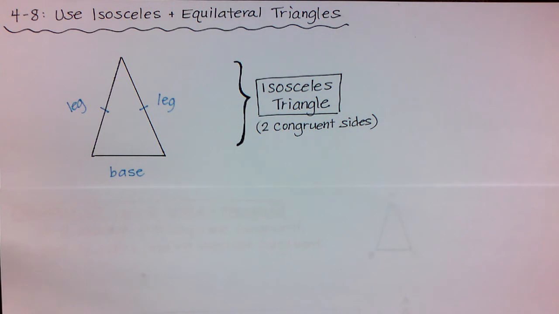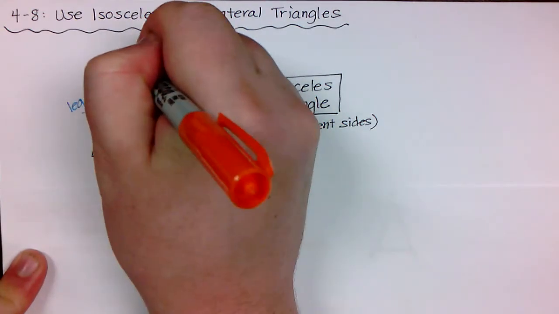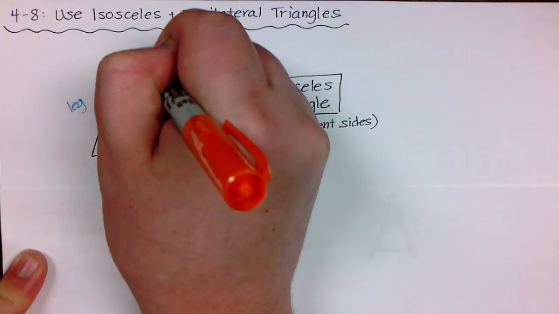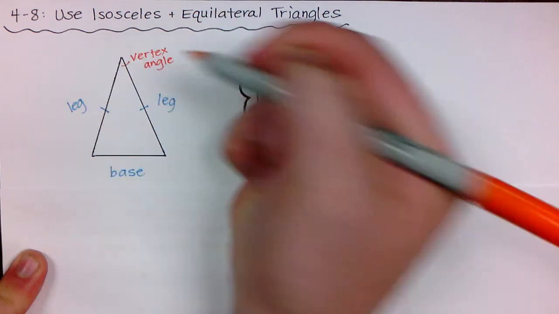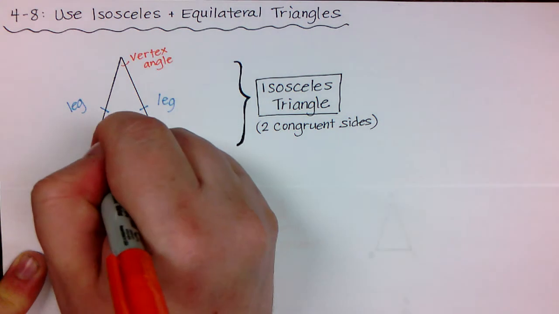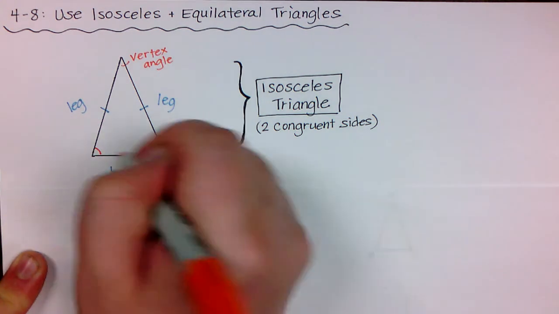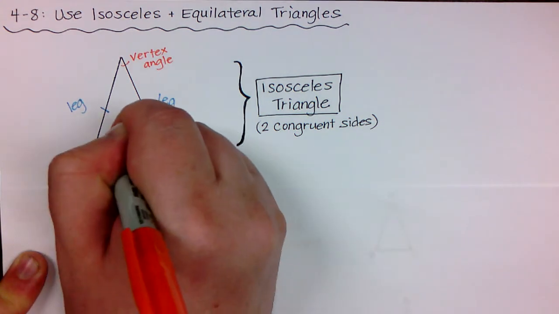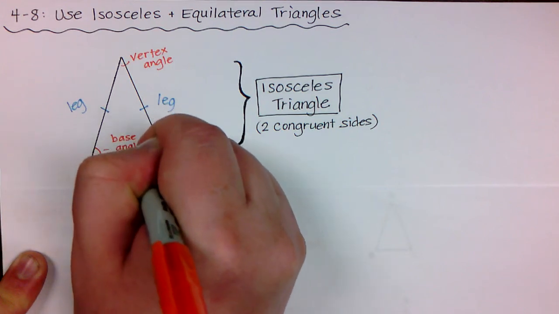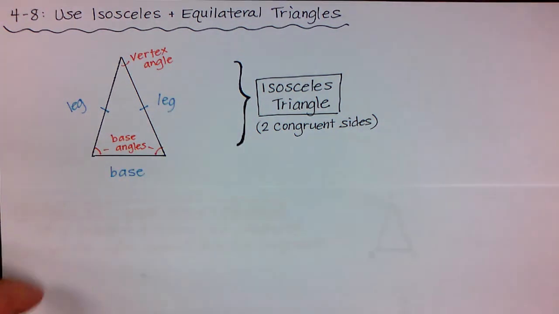Where the two legs meet at the top, this angle is called the vertex angle. And in an isosceles triangle, these two angles at the bottom are both called base angles. And they are actually congruent.